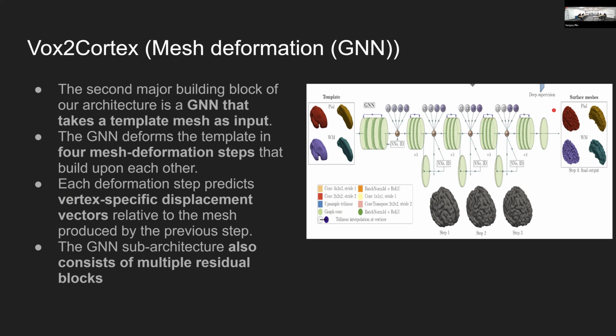So what type of deformations? Do they do it on each single vertex? Yeah, each vertex has to be told where to move, and the output of this final stage is, they call it phi or whatever, but it's basically per vertex. It actually says it here: each deformation step predicts vertex specific displacement vectors relative to the mesh produced by the previous step.